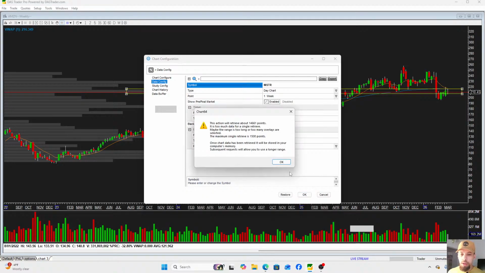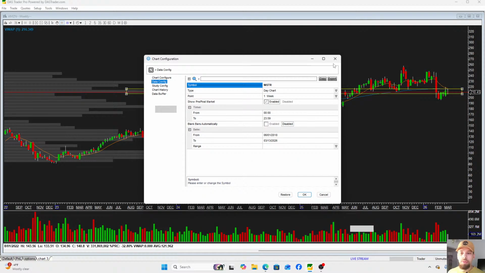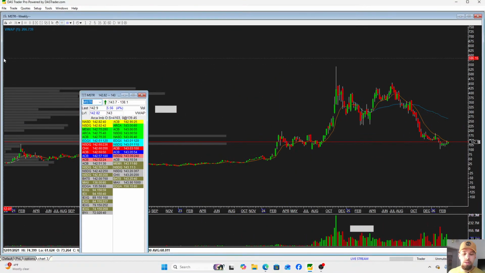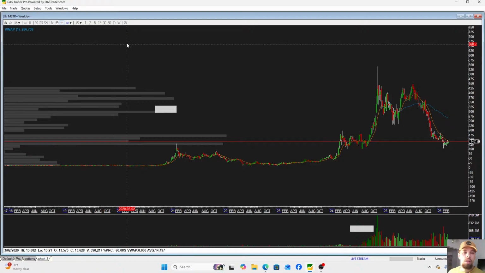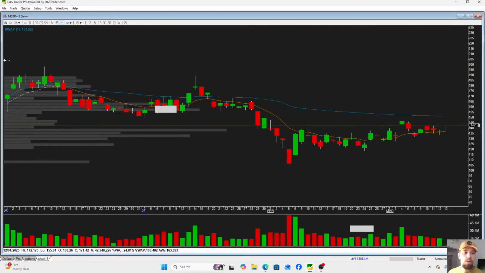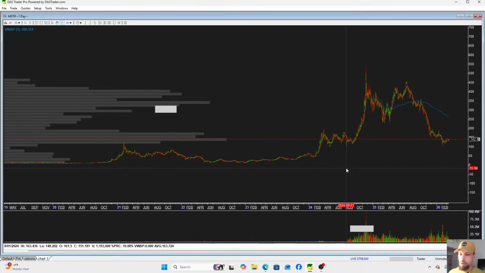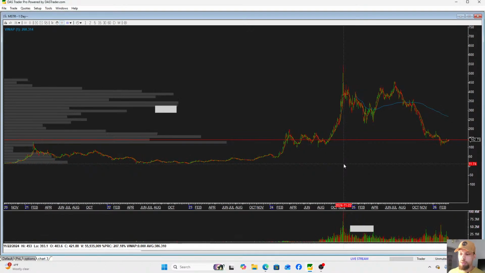Just looking at the scanner here, I'm gonna look at a couple different charts today and see if there's anything else going on. Okay, there we go. This is MSTR is a ticker name.